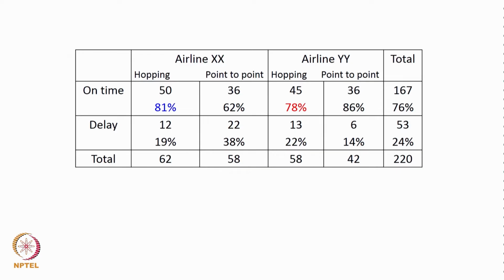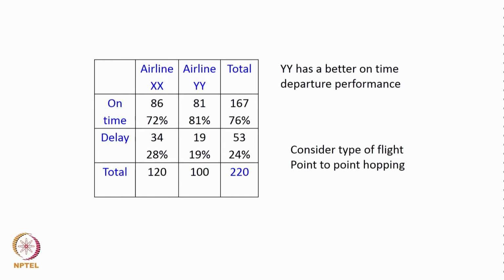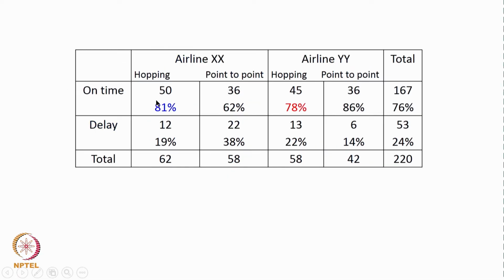Let us say now that the 86 flights, which you can see here, have now become 50 flights which are hopping and 36 flights which are point to point and so on. When we do this analysis, we realize that for hopping flights, airline XX seems to have a better performance than YY, whereas in point to point flights, YY seems to have a better performance than XX.